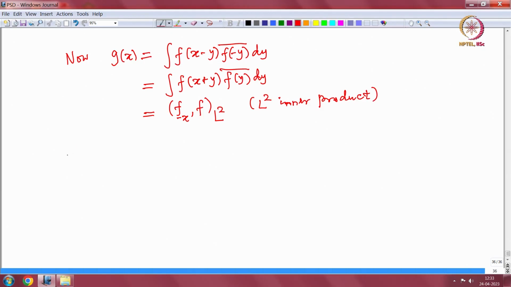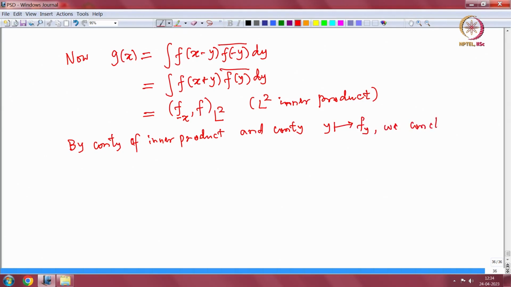Now by continuity of the inner product, which is true in any Hilbert space, and continuity of the function y going to f y in L2, we conclude, and this is important, that G is continuous.